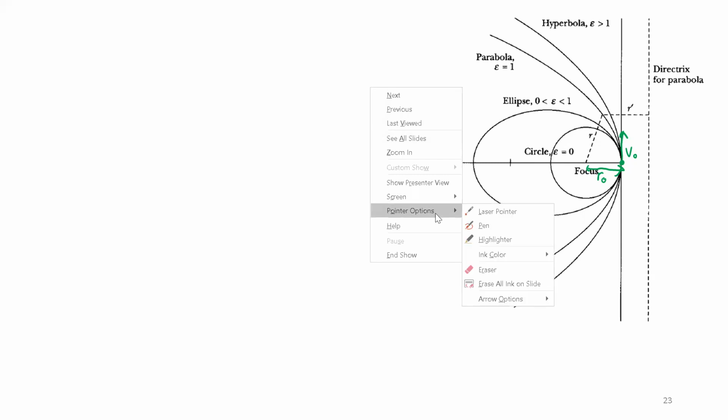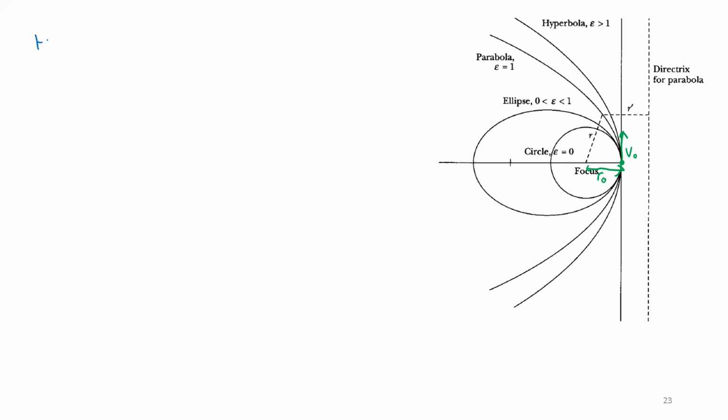So if I'm going to just draw a line to summarize the result, something like this. Let me draw a line for the V naught. So this is the 2k divided by m r naught.